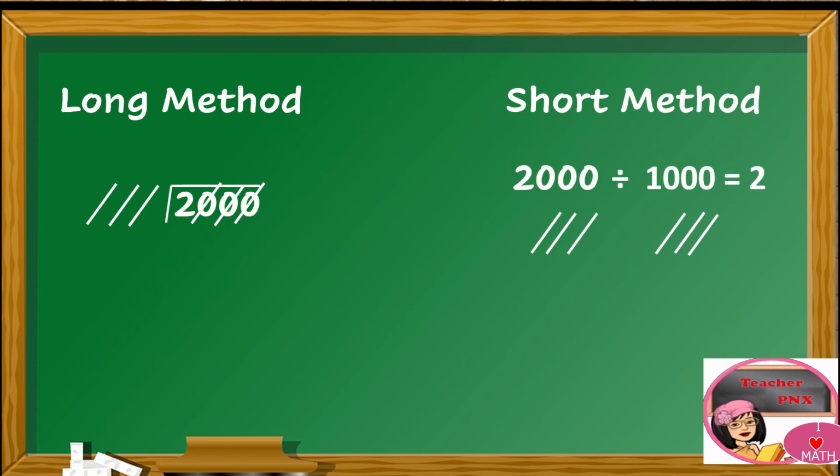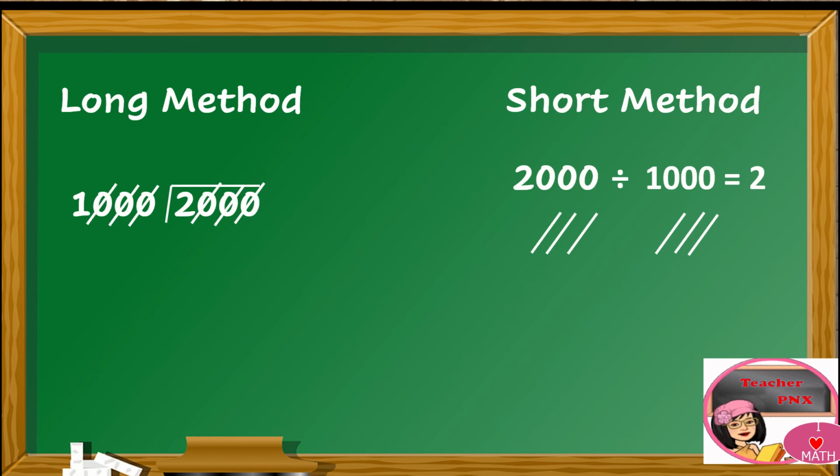Again, 2,000 divided by 1,000. Ang 1,000, ang ating divisor, meron siyang tatlong zeros. Then, i-cancel din natin dito sa divisor, sa dividend, ang tatlong zeros. So, ang remaining digit na lang ay 2.